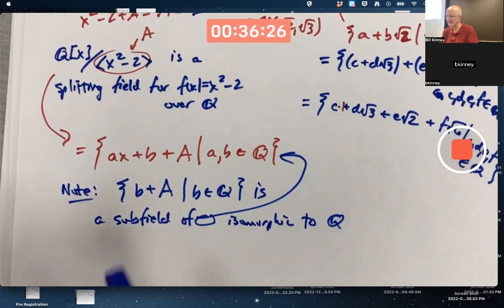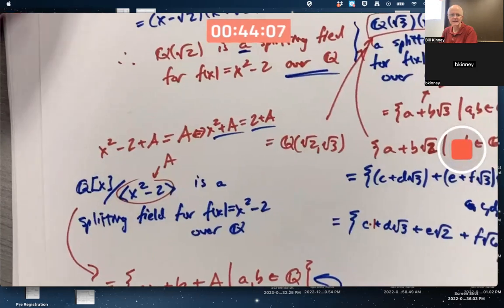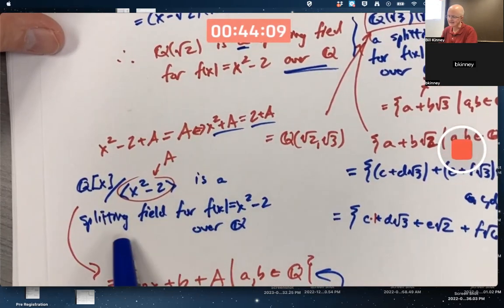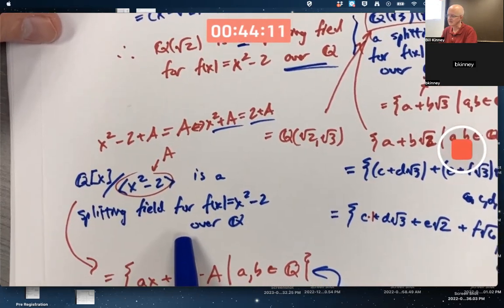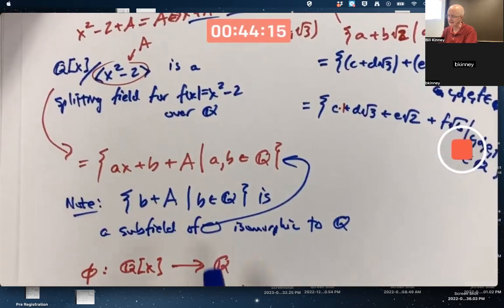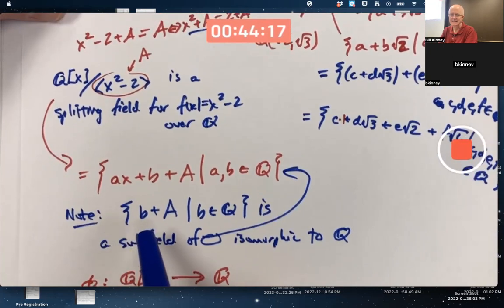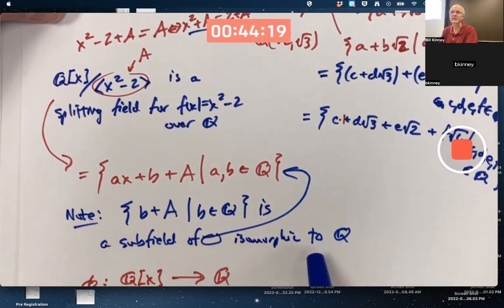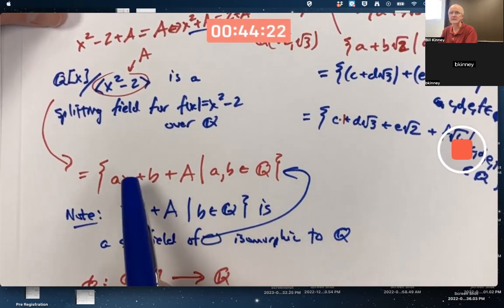Effectively, all the cosets whose representatives are constants. Right? That makes sense. But anyway, the main theme is this is also a splitting field for f of x over the rationals. Again, from the algebraist perspective, it's because this thing has a subfield isomorphic to Q. You can think of this as a field extension of Q.